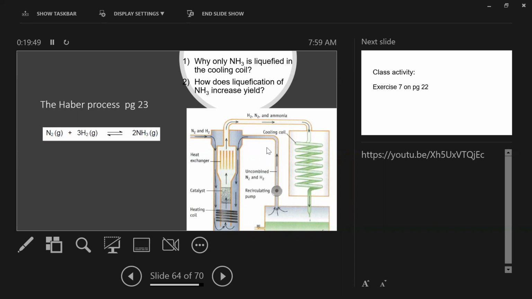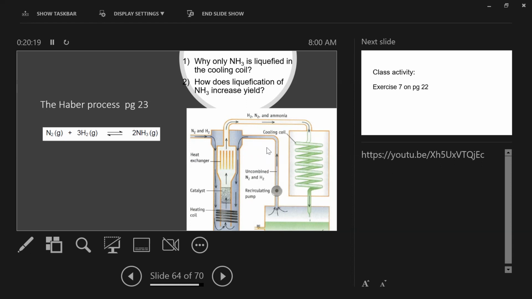It's good that you recognize that it's a physical property we are looking at. Can we make the answer better? Is the boiling point of ammonia higher or lower compared to hydrogen and nitrogen? Lower. Ammonia has a lower boiling point.